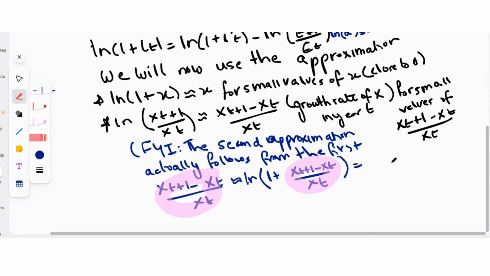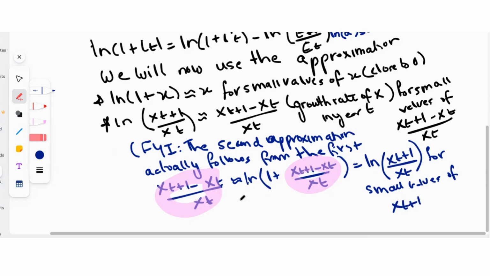And then if you simplify this, it simply becomes ln(x_{t+1}/x_t). So the fact that you can approximate your growth rate this way, we know for small values of x, because ln(1 + x) will approximate x for small values of x. And here x is just (x_{t+1} - x_t)/x_t. So this is just FYI.